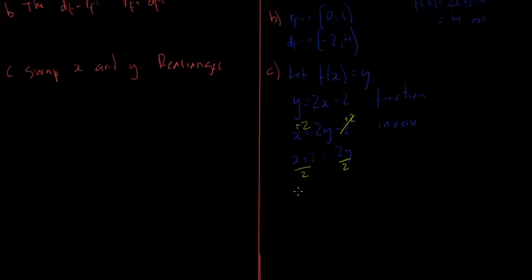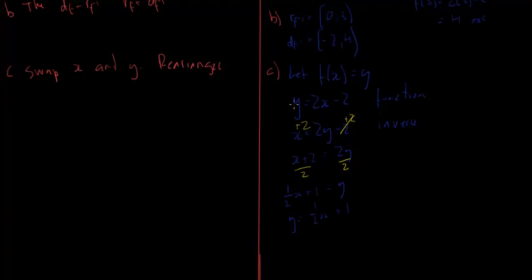If you need to work it out yourself, do half x plus 1, because 2 divided by 2 is equal to 1, is equal to y. And then we just rewrite that the other way: y is equal to half x plus 1.